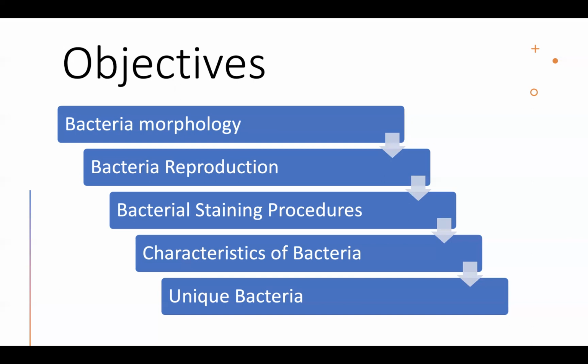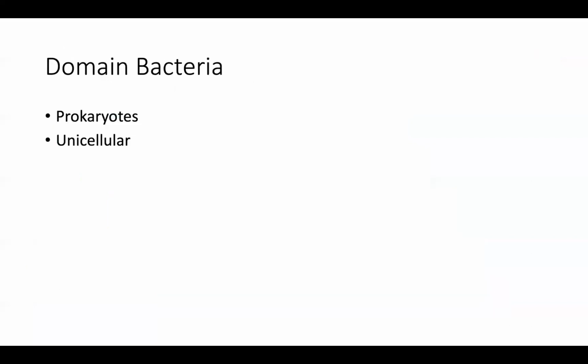So we have developed various staining techniques to be able to better visualize various properties of our bacteria under the microscope. And then we'll look at some other characteristics of bacteria and some unique bacteria that do not conform to all of the general properties that we'll talk about. Okay, so let us get started.